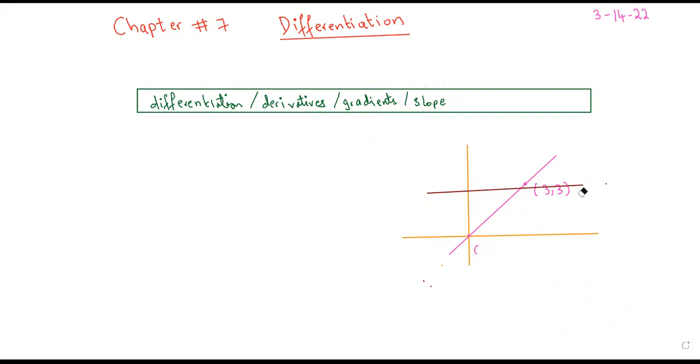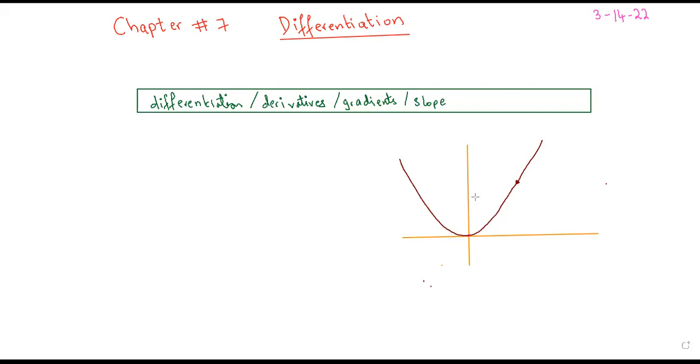Now, let's see why differentiation is important here. Let's say you have a curve of this type, and you are interested in finding out the slope at this point. In order to do that, we make a tangent line at this point. What is a tangent line?